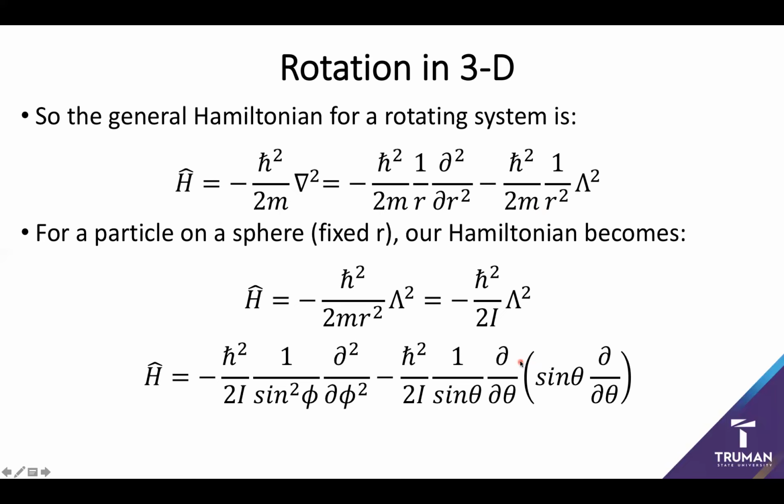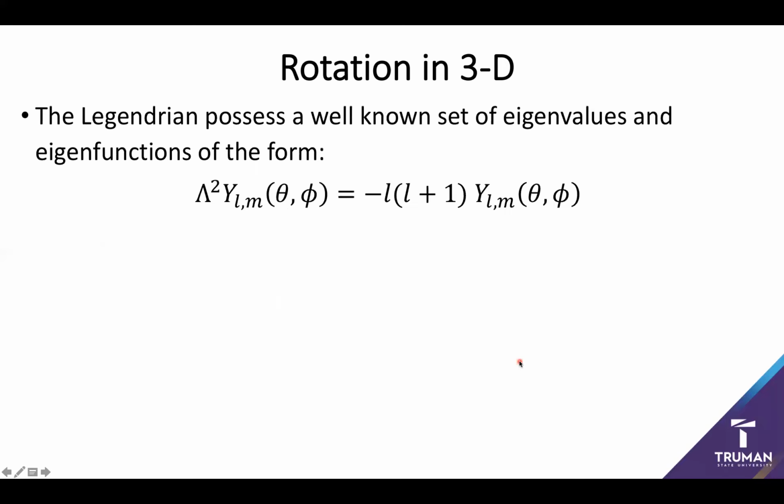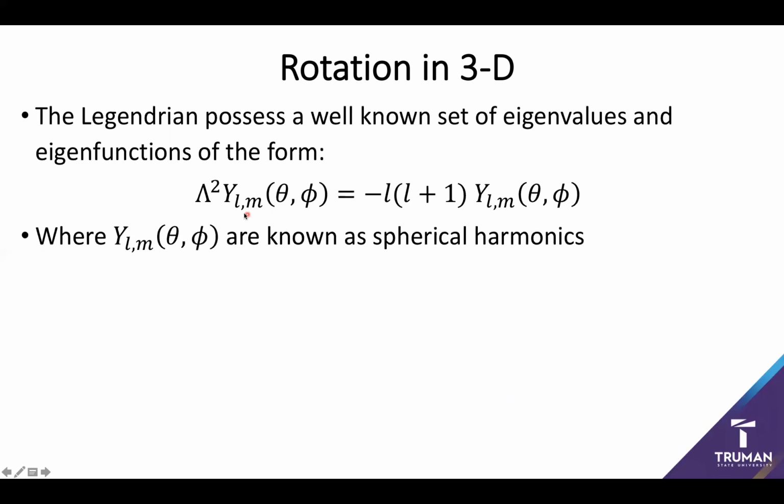However, what we're still in need of is some eigenfunctions and some eigenvalues. So, it turns out that this is actually a well-known set of equations, which was solved far before quantum mechanics. So, go pure mathematicians. And this set of eigenvalues and eigenfunctions has a known set of solutions called the spherical harmonics.